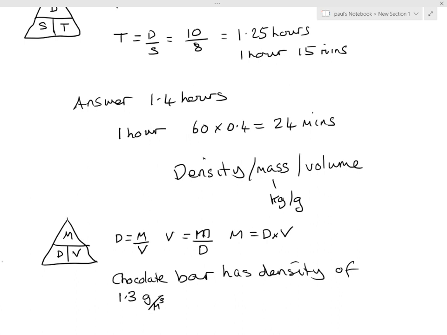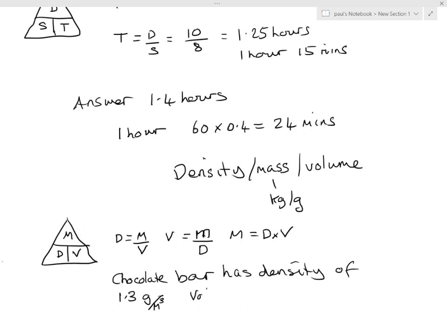So density is 1.3, g is the mass, and m cubed is the volume. So you've got density equals mass over volume. So in the question, they've given you what the formula is that you need to use.